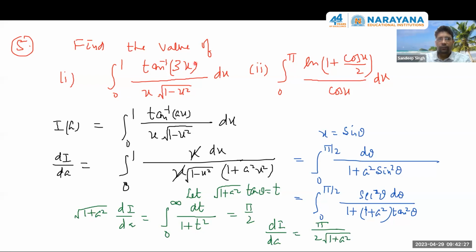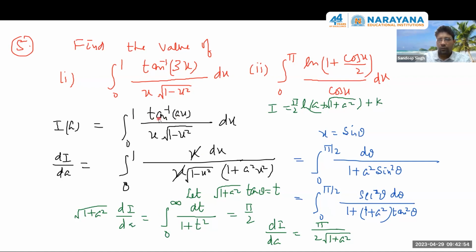Yes, sir. Now integrate both sides. So what is your I? If you integrate, I will be pi by 2 outside, ln of a plus the under root, along with a constant. And to find the constant k, you can use the initial condition.